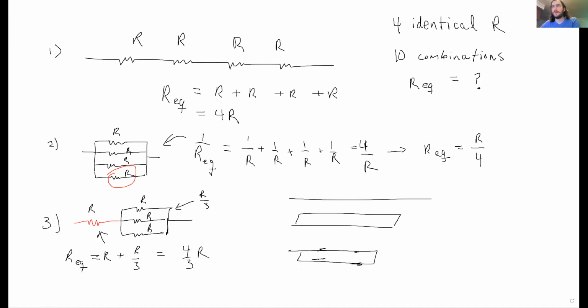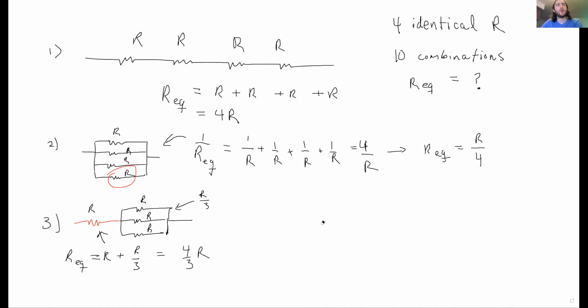Let me give you guys a little bit of a hint. There are 2 combinations here that are identical, but you can write them down in a way that they're not looking identical. So that would be this combination here. We have 2 in parallel like this, in series with another set of 2 in parallel, like so.